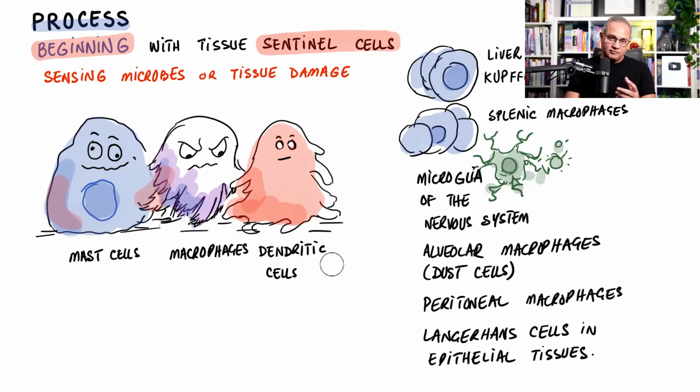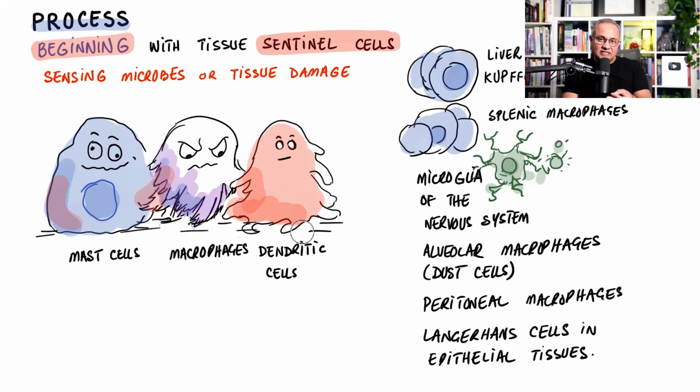So here, let's start with the innate arm. The important cells for today's discussion are mast cells, macrophages, and dendritic cells. There are neutrophils also that are part of the innate arm. There are natural killer cells that are part of the innate arm as well. We're not talking too much about them. We're talking about these main cells. And why are we talking about these cells? Mast cells, macrophages, and dendritic cells are present everywhere in our body.